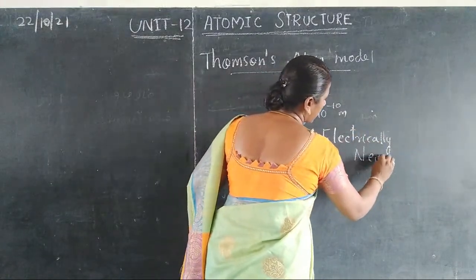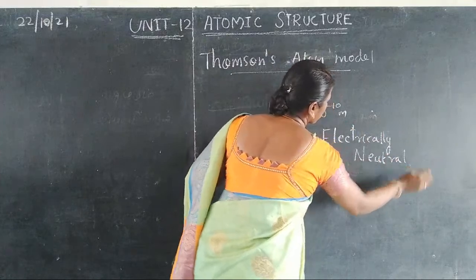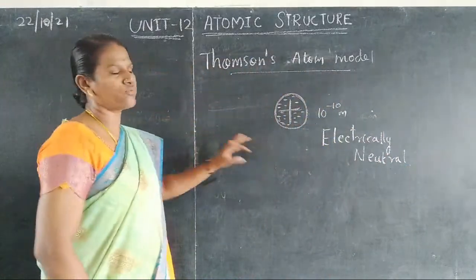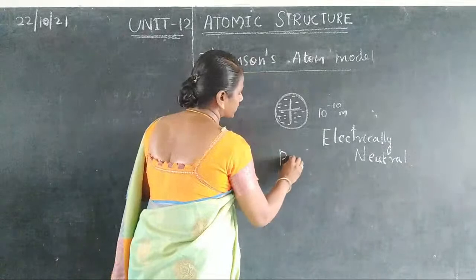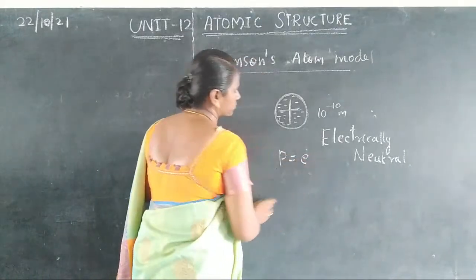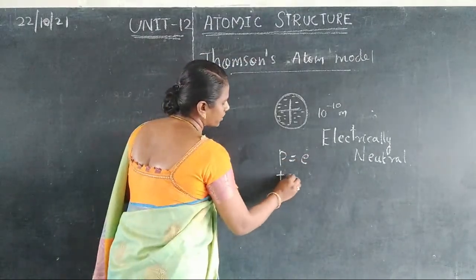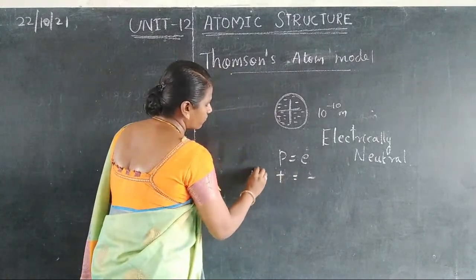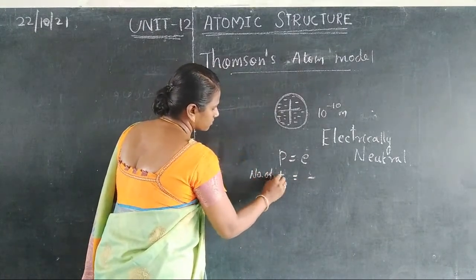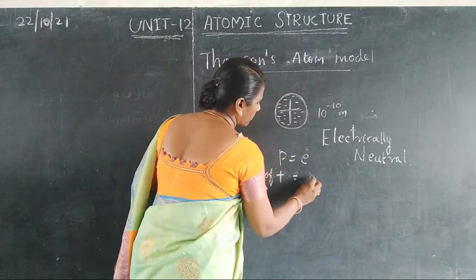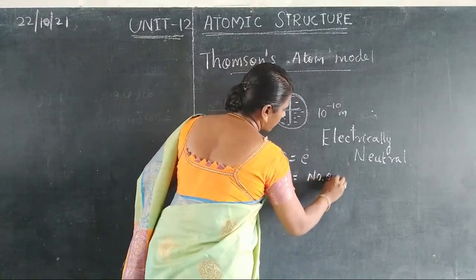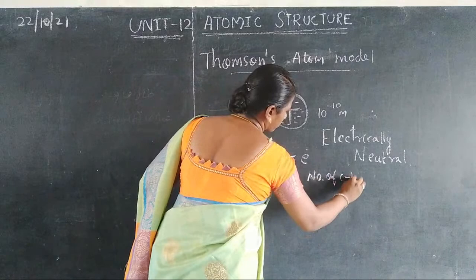That means in an atom, the number of protons is equal to the number of electrons.